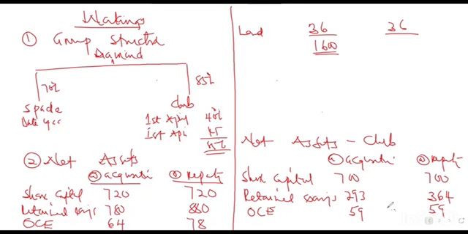Plus 880 plus 70 plus 36. I'm having 1714. The difference will be what? It will be 114.